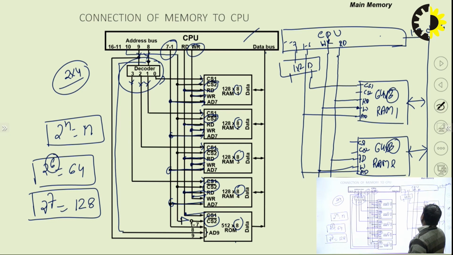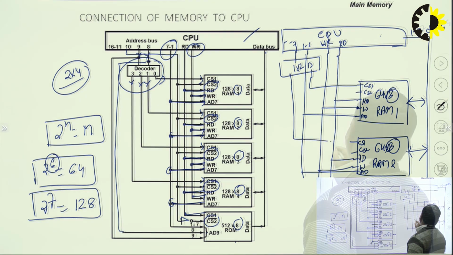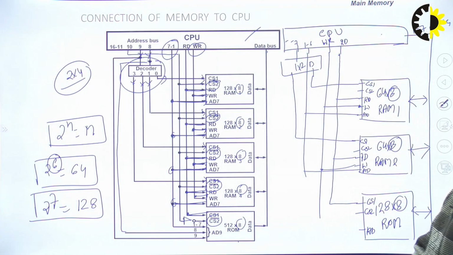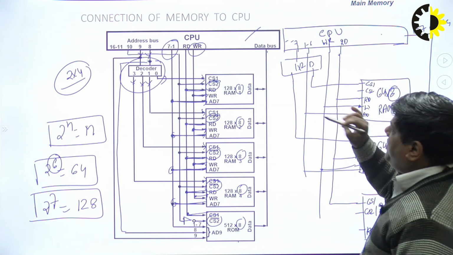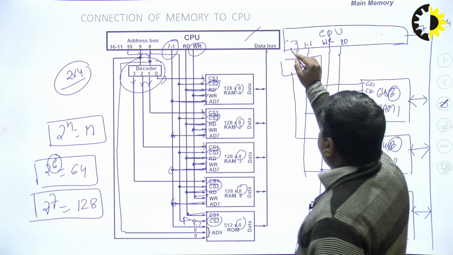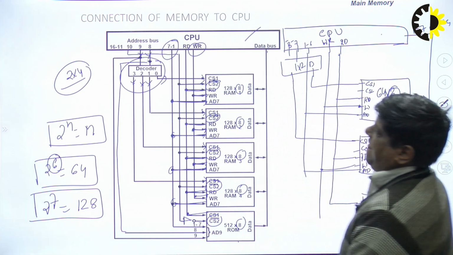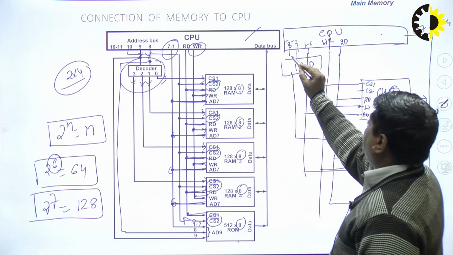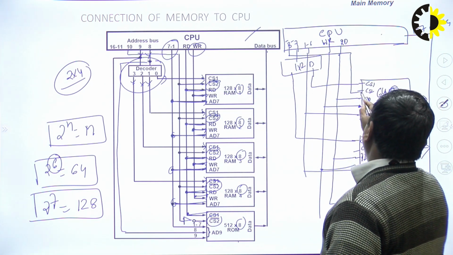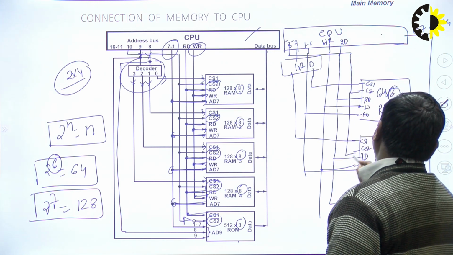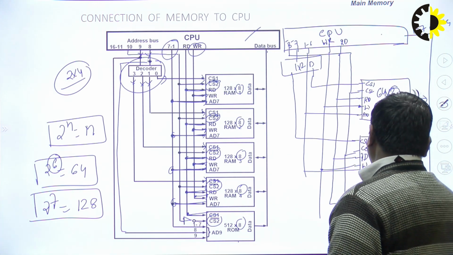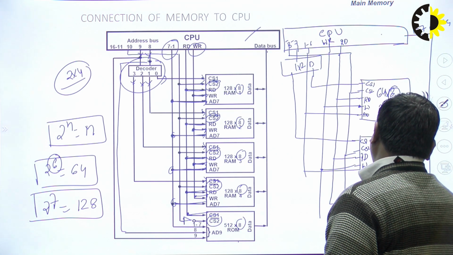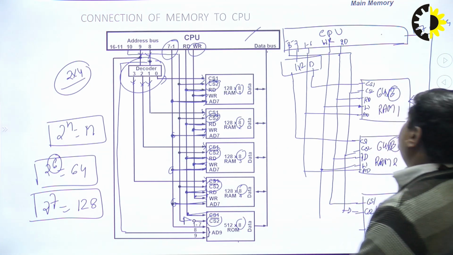Now here connect chip select 1, and here connect chip select 2. Okay. Now the remaining address line, that is 8, is connected with chip select 2, and NOT chip select 2.